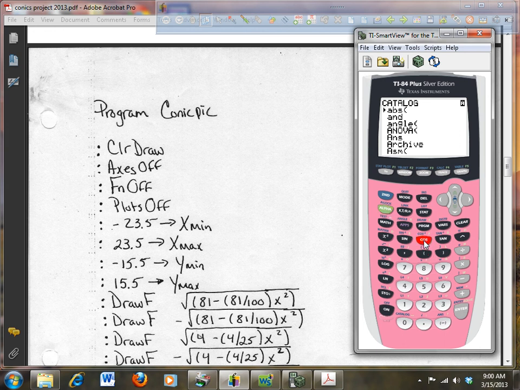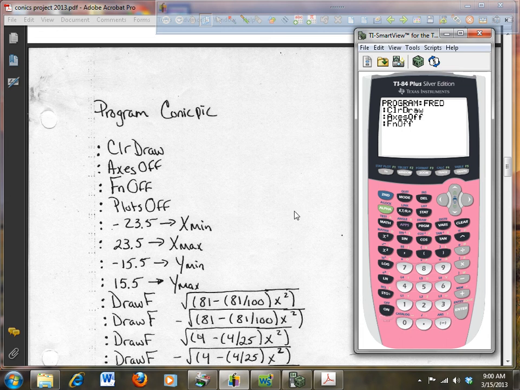Yep. There we go. So if I hit the F key, then you look for FN off. It's function off, and you put that into your line of code.